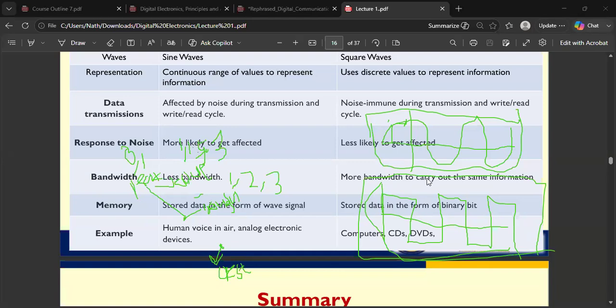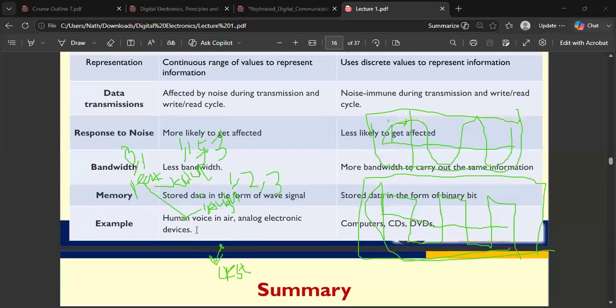The computer understands only binary digits, so it has to convert the sine wave to zeros and ones, and then it stores it.